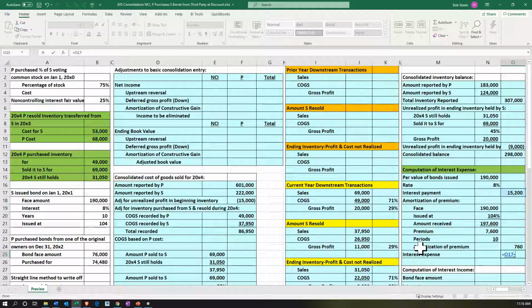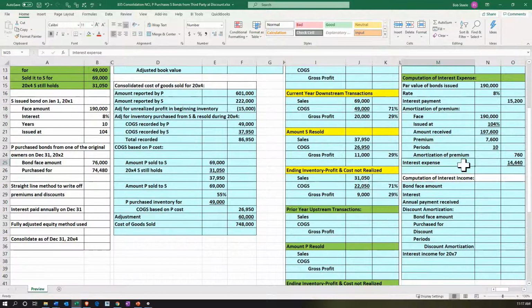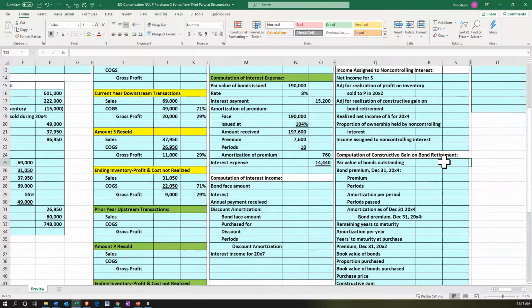And then we're taking into account reducing it by the amortized portion of that year's premium, which would be that $14,440. Now that would be the full interest expense before, and it's not taking into consideration the intercompany activity, the amount that was purchased later by P. So we're going to have to take that and account for the fact that P purchased a portion of it in order to think about our elimination entry, as we'll do in the future.